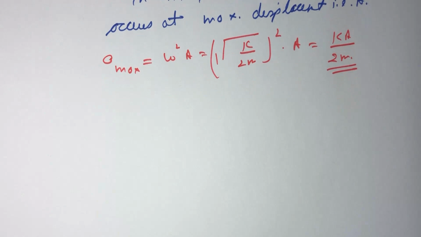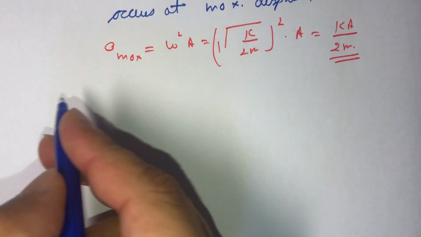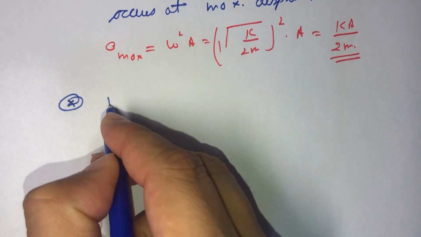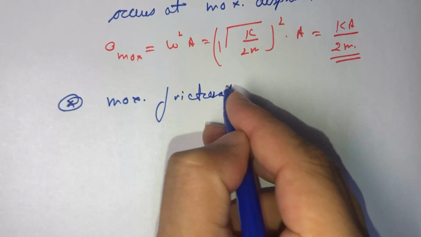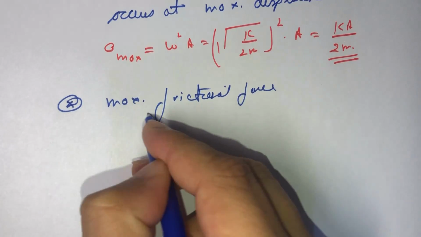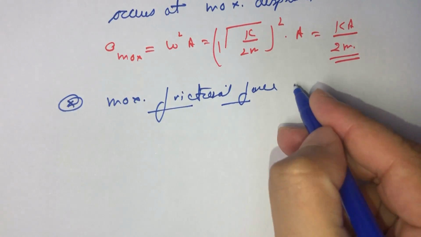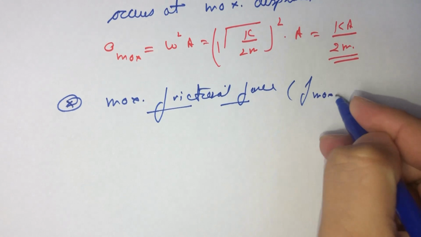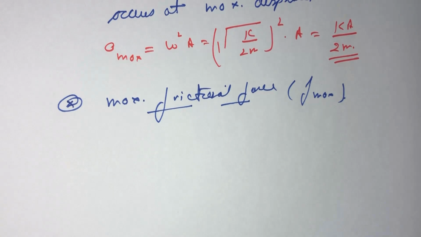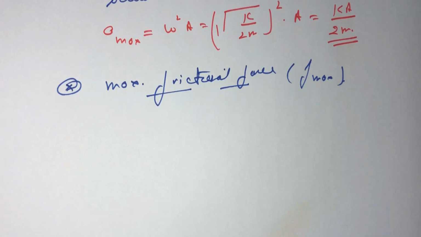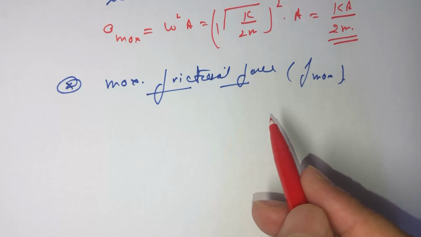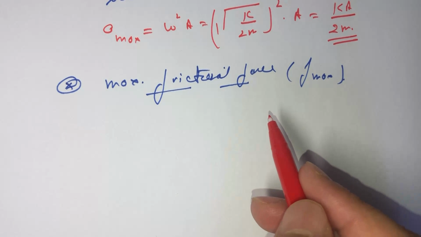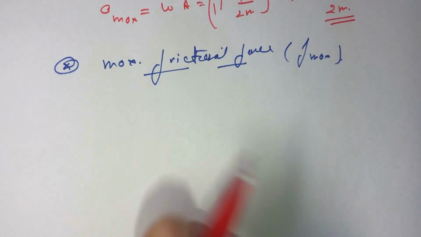Now we are going to find out the maximum frictional force, which is our F max. The frictional force must provide maximum acceleration for block Q to move in sync with block P. Okay, that is a condition.